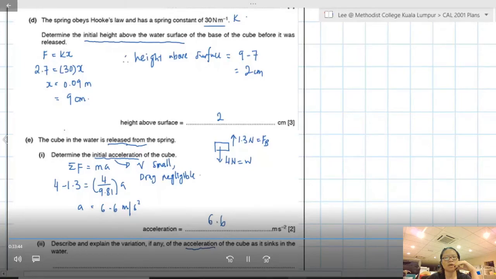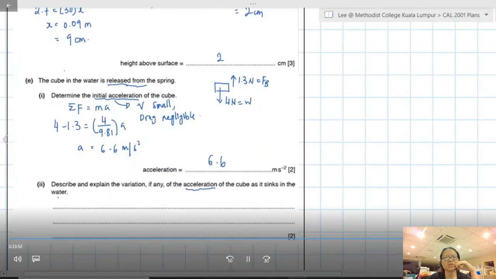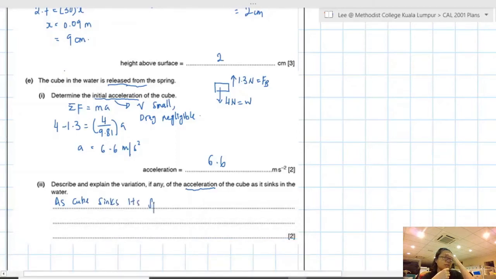So at the last part, you are required to describe and explain the variation of the acceleration of the cube as it sinks in the water. So when the cube is sinking into the water, it will travel faster and faster. So the speed increases. And what happens to drag or water resistance when the speed increases?